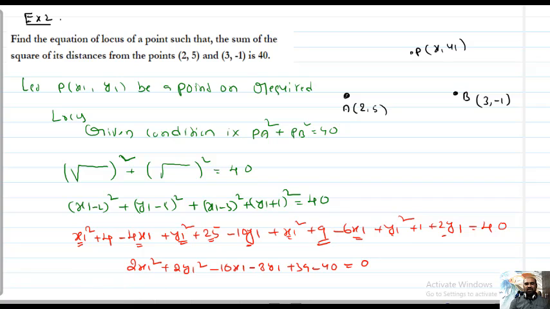So now I want to write the locus equation. The equation is 2x square plus 2y square minus 10x minus 8y minus 1 equal to 0.